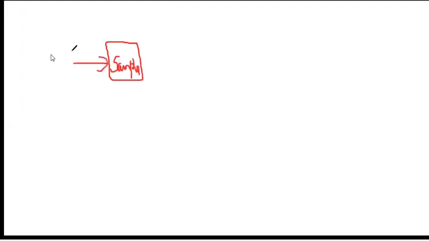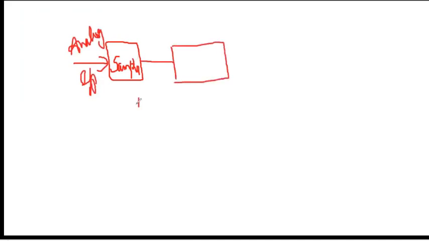The first block is a sampler, with an analog input. The output of the sampler is a discrete time signal with continuous amplitude.